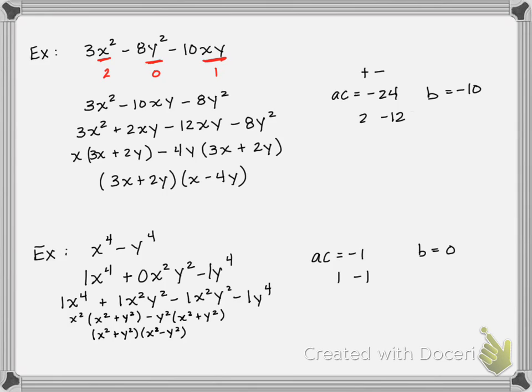We are not done because x squared minus y squared is the difference of squares, right? Which means I could do this whole process again where AC is -1 and B is 0 and I use 1 and -1. But if I use the shortcut, it goes a little faster because it's just x plus y, x minus y. And then we're done because there's no exponents.